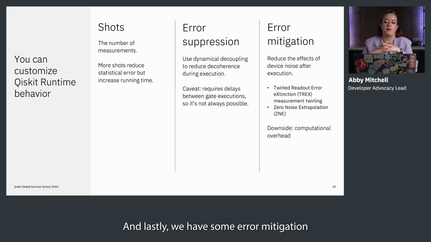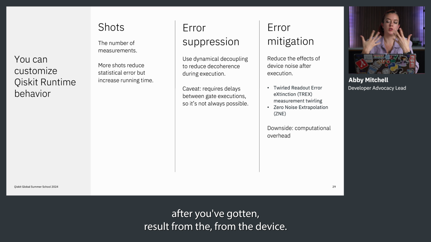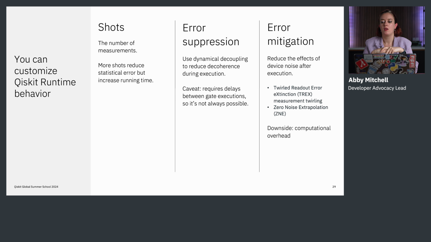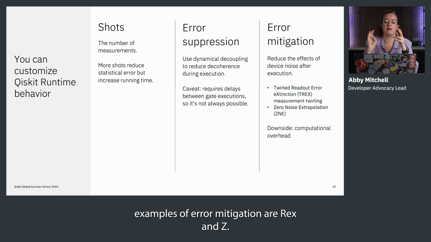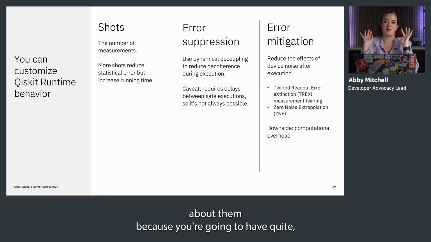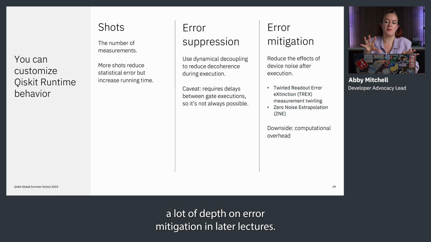And lastly, we have some error mitigation techniques. These are techniques that reduce the effect of noise after you've gotten a result from the device. So it's not changing how things are run on the device itself. A couple of examples of error mitigation are T-Rex and ZNE. I'm not going to go into a lot of detail about them because you're going to have quite a lot of depth on error mitigation in later lectures.